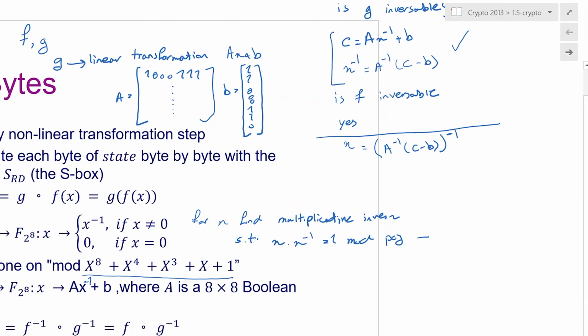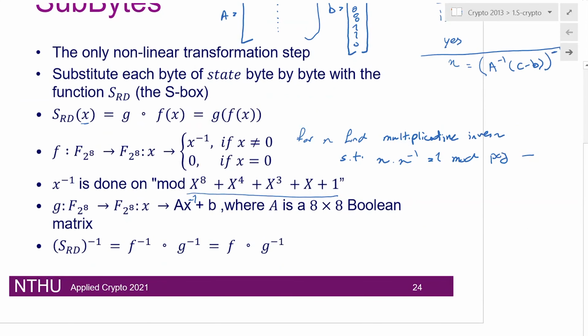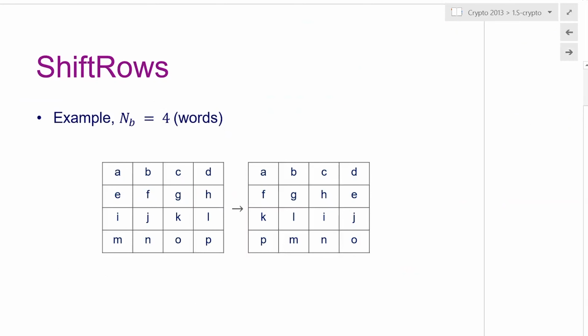So I can return X. So we show that substitution byte would convert some X value to some C value, and then given that C, I can reverse the entire operations so that I can return X. So therefore the substitution byte is reversible. We have no problem with that.